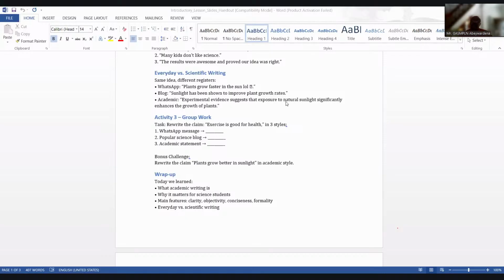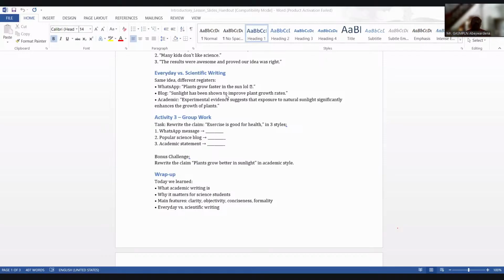I think this will be helpful for you to read and understand lecture notes, textbooks, and any other support. All the 3 have the same meaning. Plants grow faster in the sun, a more simple way.